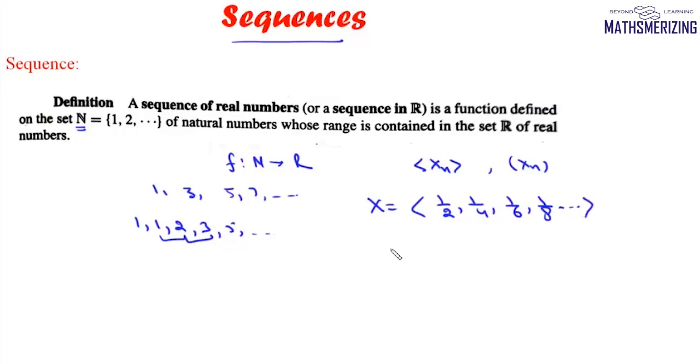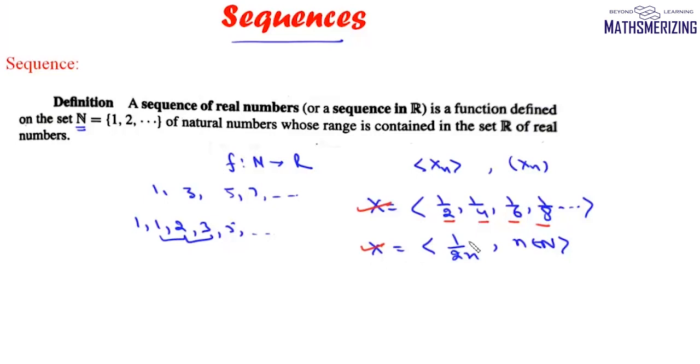The other way to express this sequence is writing it as 1 upon 2n, where n belongs to natural numbers. In the first case, we have defined the sequence as an ordered arrangement of numbers, and in the second case, we have defined it in terms of its nth term.